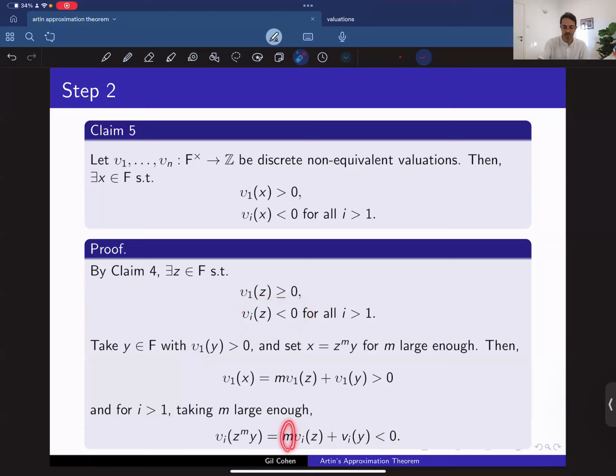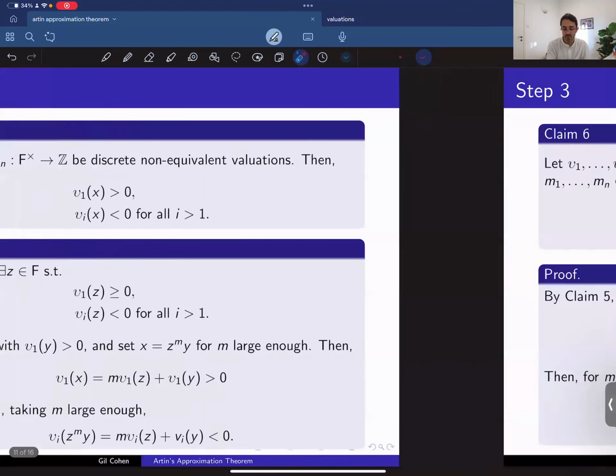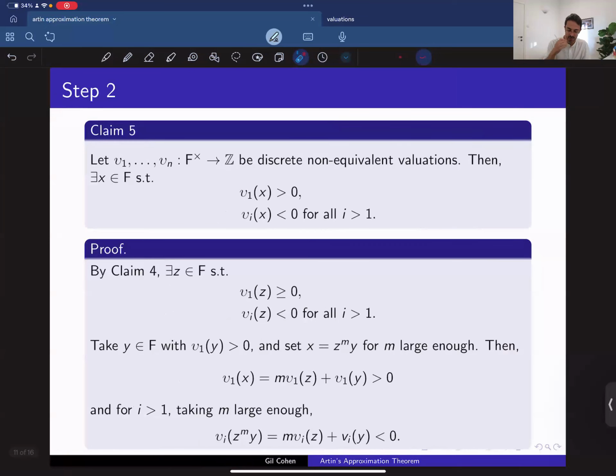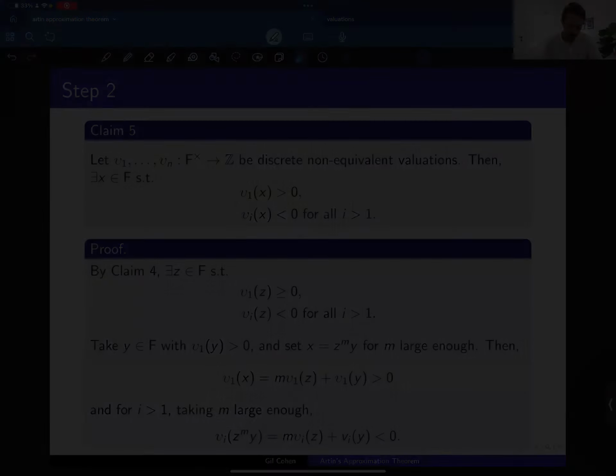So by taking M large enough, like the absolute value of this thing, or maybe one more if you want, you can make sure that all of these numbers are negative. And that's it, because according to the forced valuation you got strict inequality, and according to the other valuations you got the usual reverse-direction strict inequality. The important thing here is that you have strict inequality rather than the equality from before. Okay.